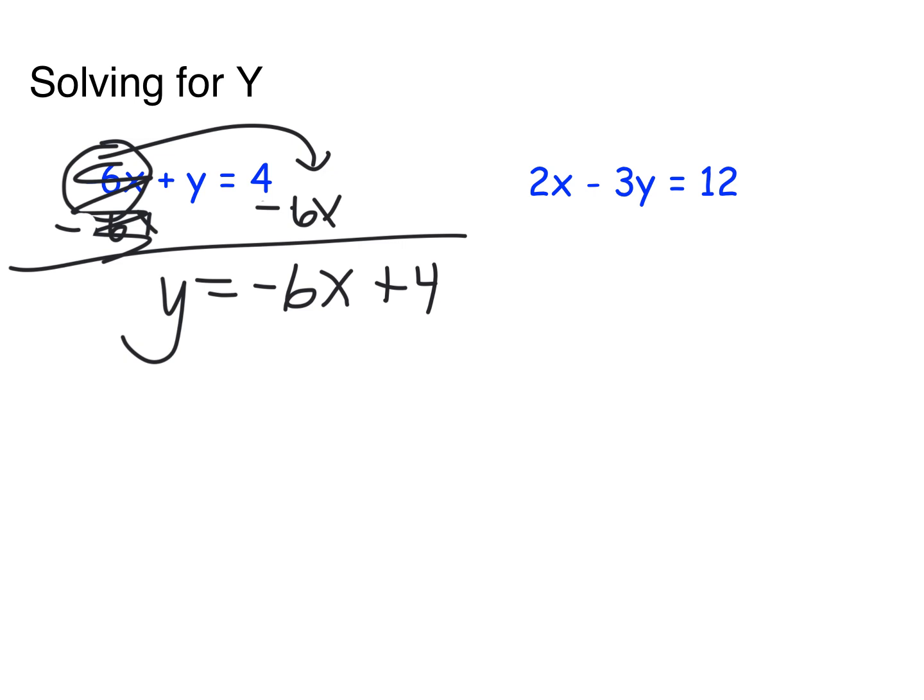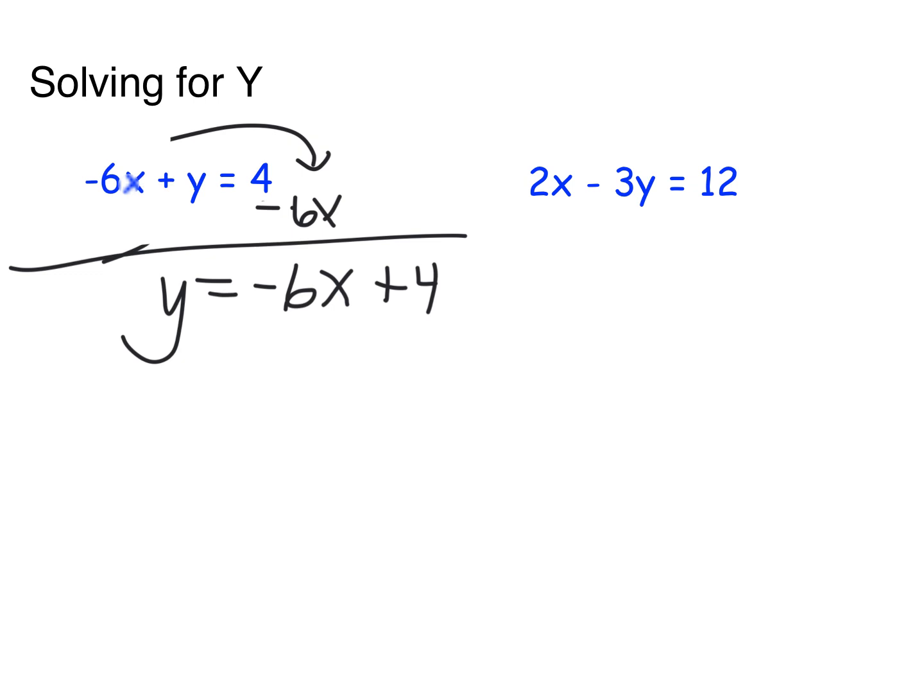Some people think you have to divide or something because the 6 has an x on it. You want to move the whole 6x, so you subtract 6x from both sides, or move it to the other side. Wait, why would you? Because that's a negative 6. Oh my gosh, is it a negative 6? Yeah. I scribbled over it. I didn't see that it was a negative 6. Dang it. Okay.